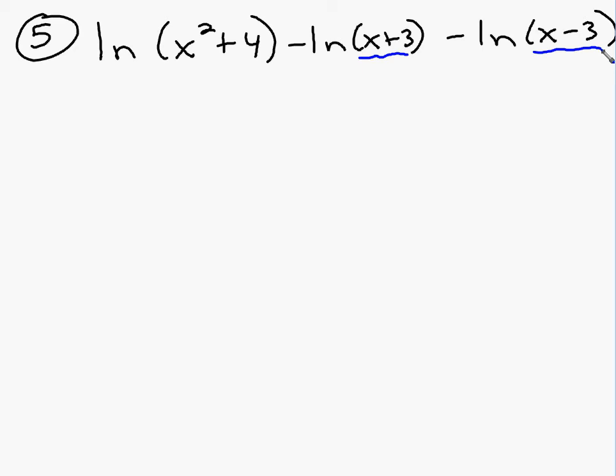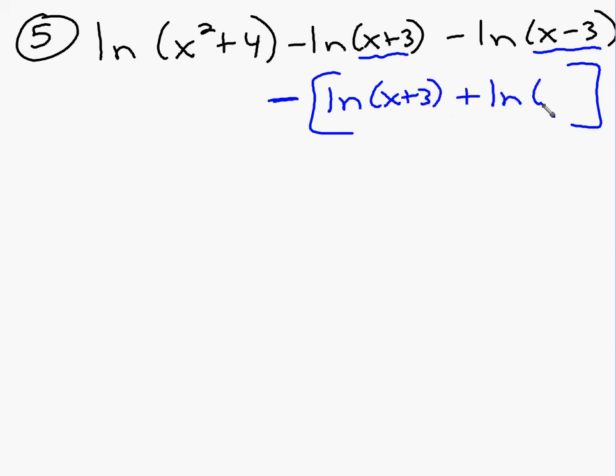I can factor out a negative and make this the natural log of x plus 3 plus the natural log of x minus 3. I can do the distributive property backwards with those last two terms. And that's really the trick to this problem. The first part still stays the same.